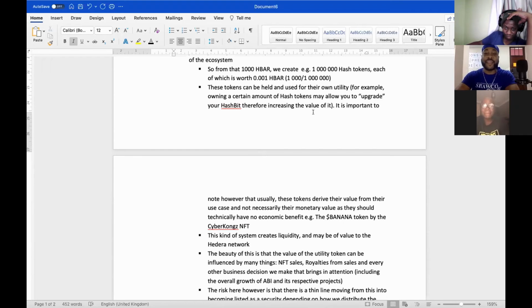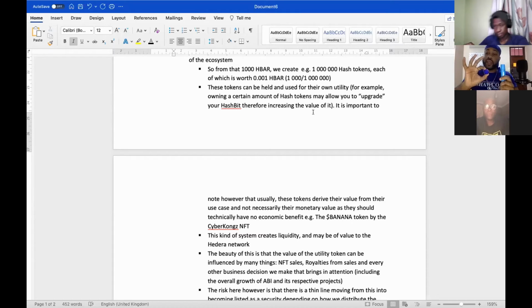These tokens can then be held and used for their utility. Let me figure out how to make this more practical. This highlighted one is your hash bit, and these are your hash tokens that you're going to be incentivized with to do certain things in the project.